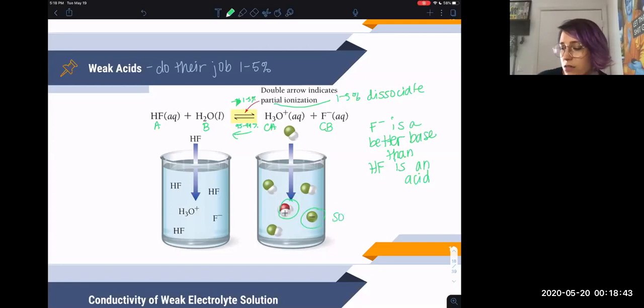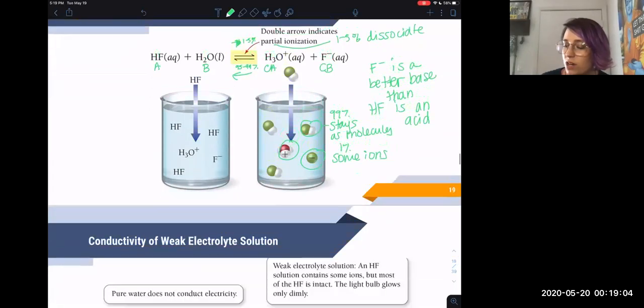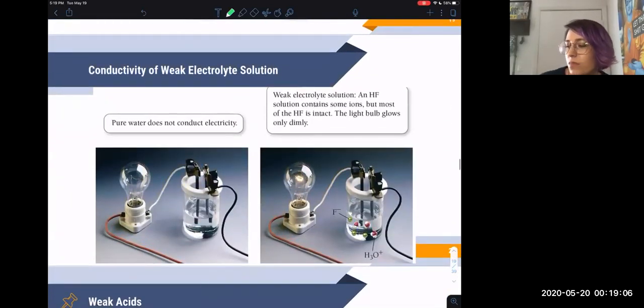But it also stays as molecules. 99% usually stays as molecules, and about 1% turns into ions in weak stuff. So I have a little bit of charge, so you're going to call me a weak electrolyte. Weak acids, weak electrolytes.